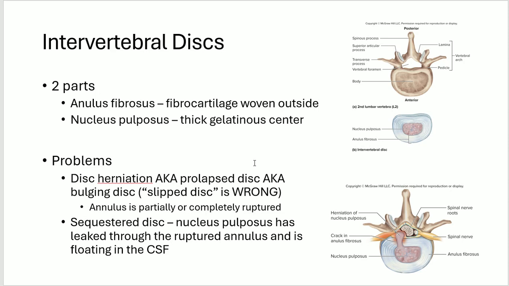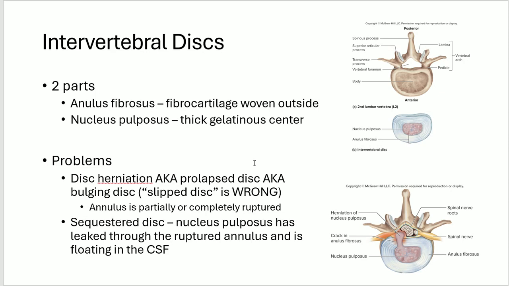So the annulus is super strong, fibrocartilage woven outside. It holds in this nuclear gelatinous center, right?